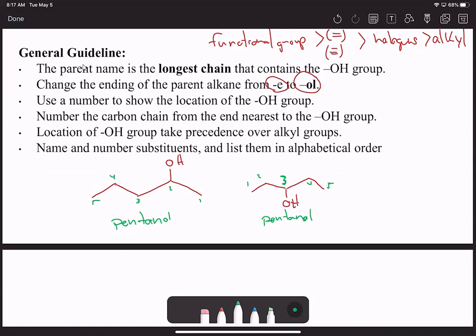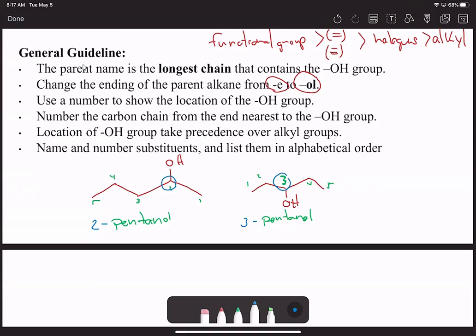So here we're going to determine what number this alcohol functional group is on, and we're going to use that in the name. So this would be 2-pentanol, and this would be 3-pentanol, signifying the location of that alcohol functional group.